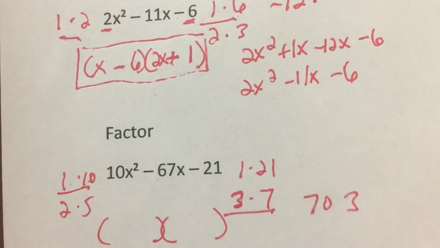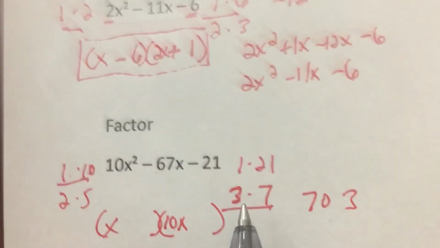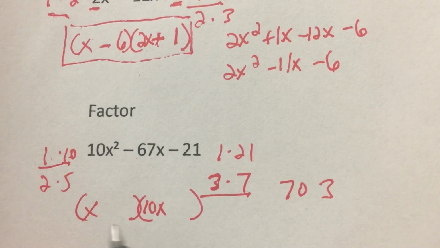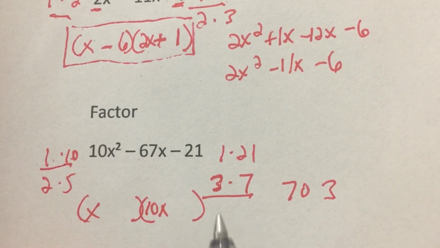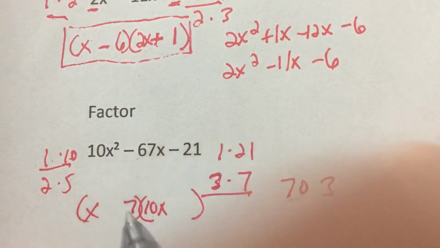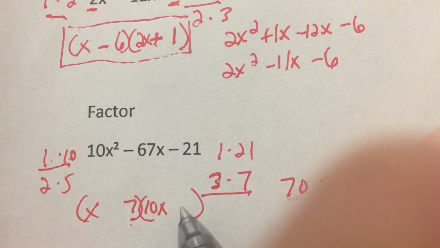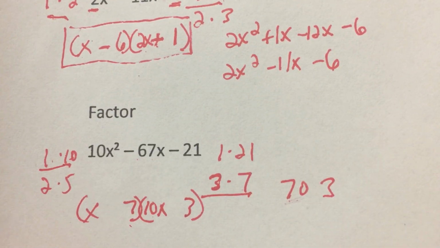So I need a 1x and a 10x. I need to use the numbers 3 and 7, but I've got to be strategic about this. I've got to put them in the right spot. I need the 7 to multiply the 10 so that I can get 70, right? 7 would have to go here next to the 10 so that the inner part of FOIL would multiply. And then the other number, 3, would have to go there.